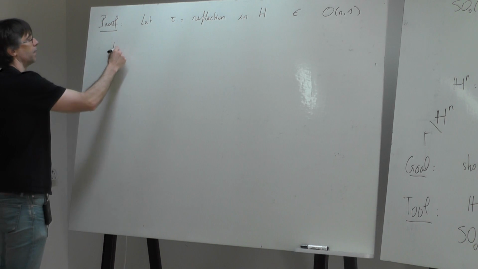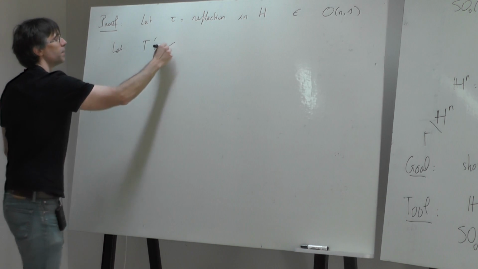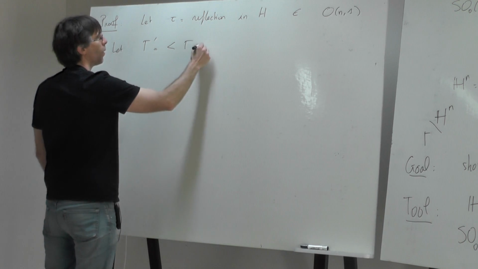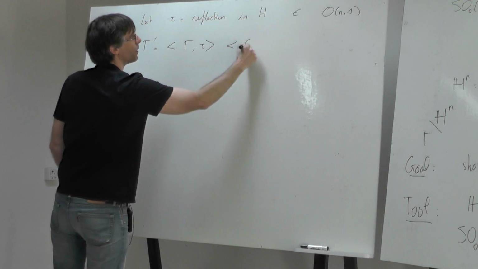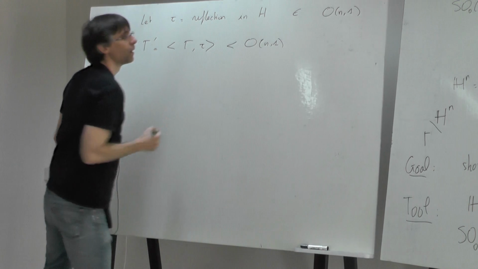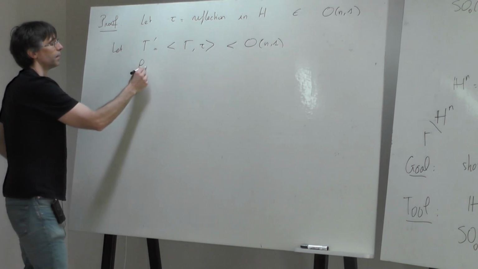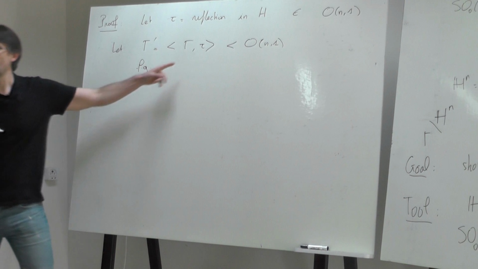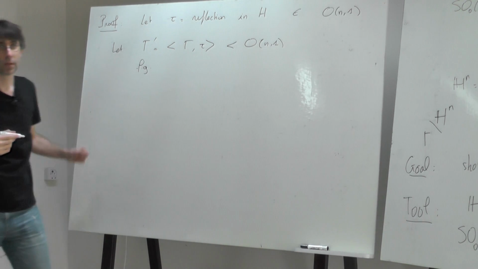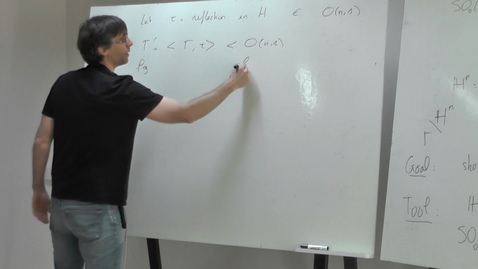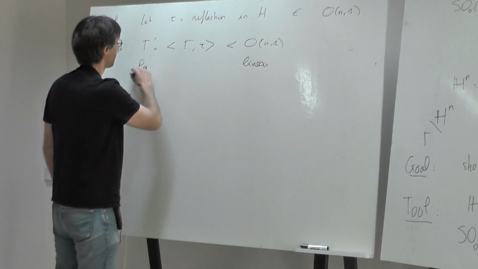I let gamma prime be the subgroup of O(N,1) generated by gamma and this reflection. This is a finitely generated subgroup of O(N,1), which is a linear group.